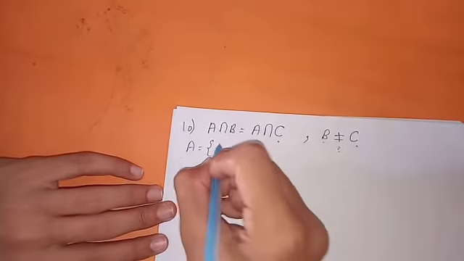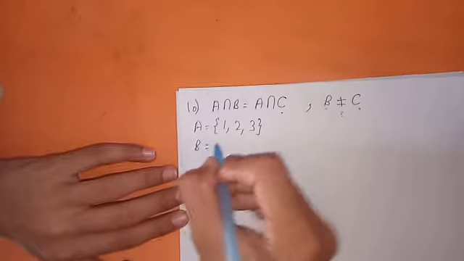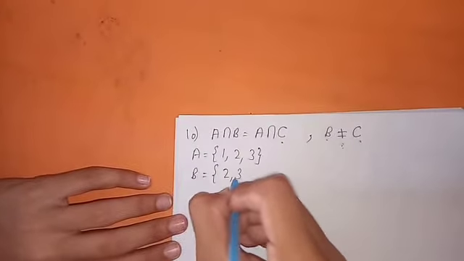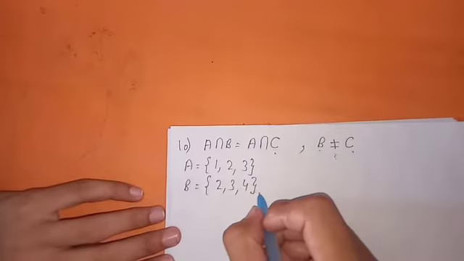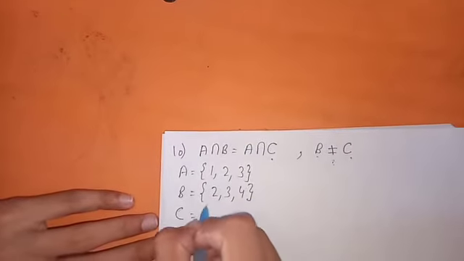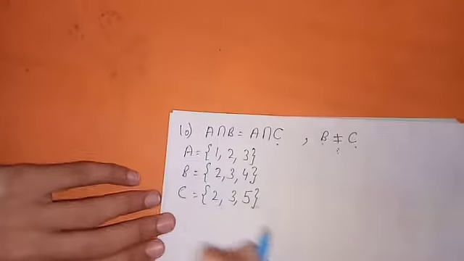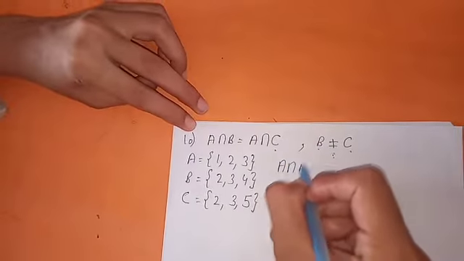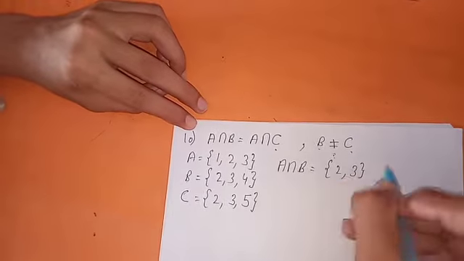Set A is {1, 2, 3}. B is {2, 3, 4}. Okay, and C is {2, 3, 5}. Okay, so A intersection B is {2, 3}.